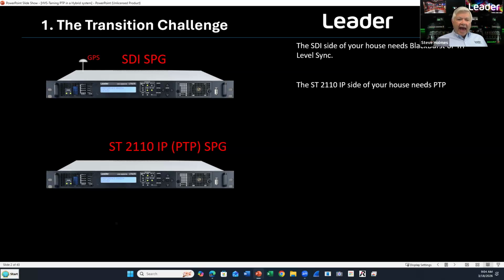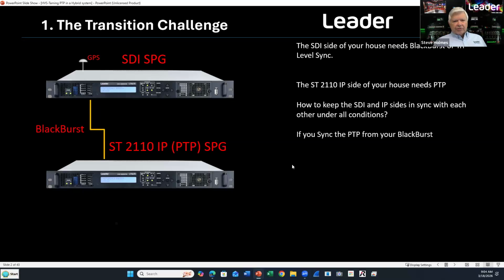Now you can add just a second SPG and tag it to your first SPG. You can use black. There's several ways to do this, but this enters some issues. The first of which, black burst is only roughly about a 1 microsecond timing system.